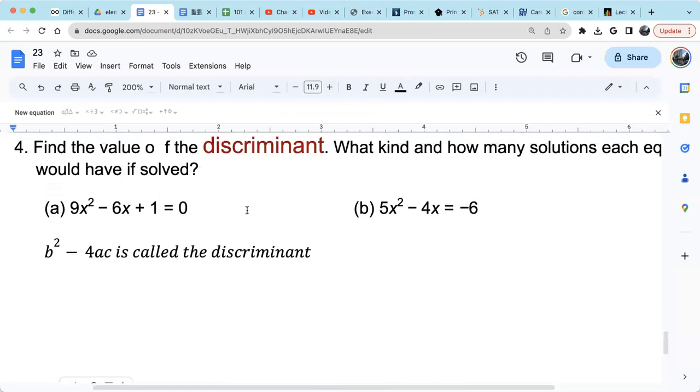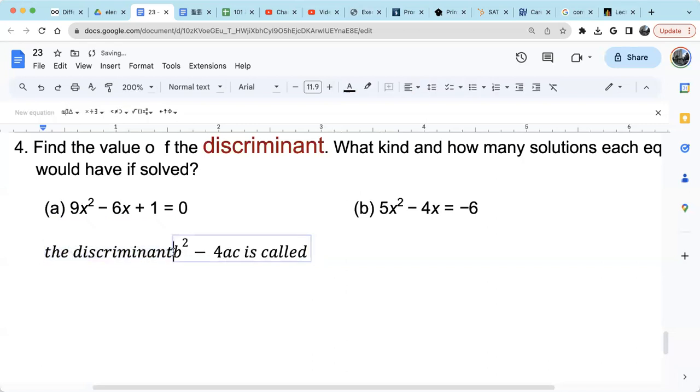It could be 0, it could be positive, or it could be negative. So let's see through these 3 situations. The discriminant is b squared minus 4ac. It could be 0. If it's 0, what happens in the formula? Let me rewrite the formula one more time.